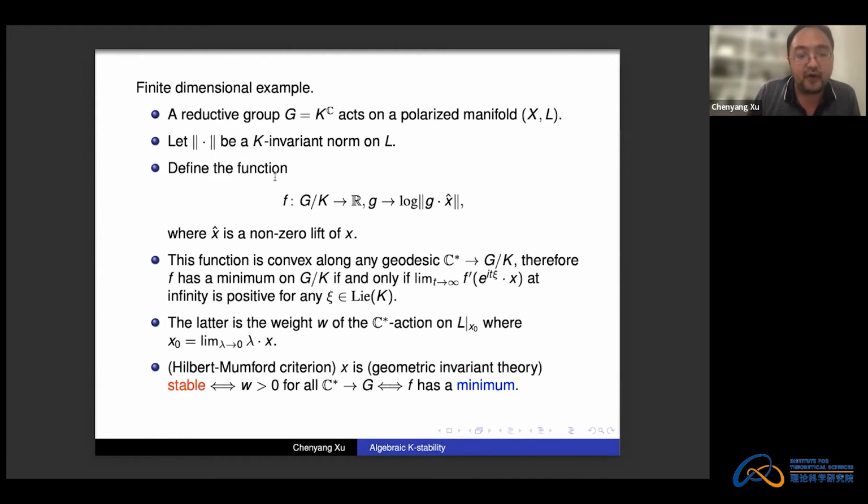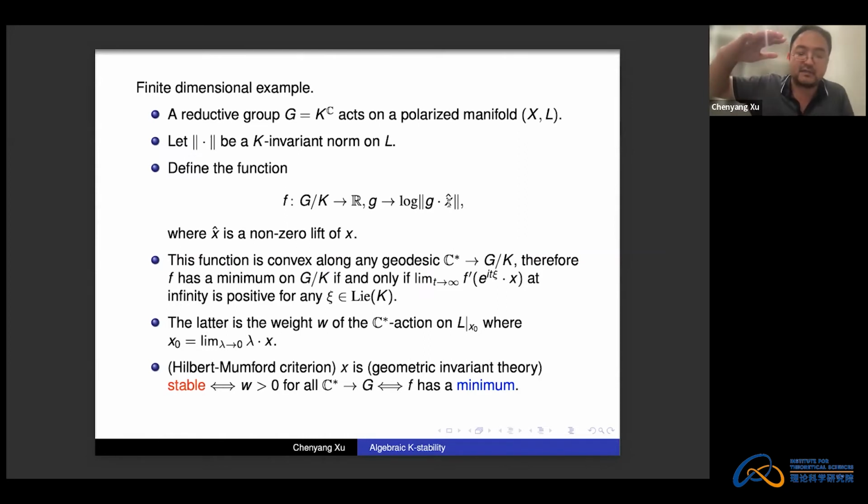So now we define a function for any point x on this manifold X. We can define a function from G mod K to R, which is just given by, for any element g, the value is just log of the norm of g acting on x hat.